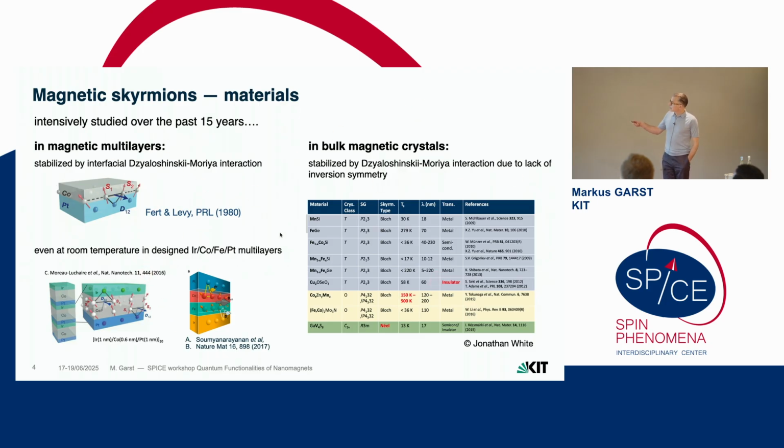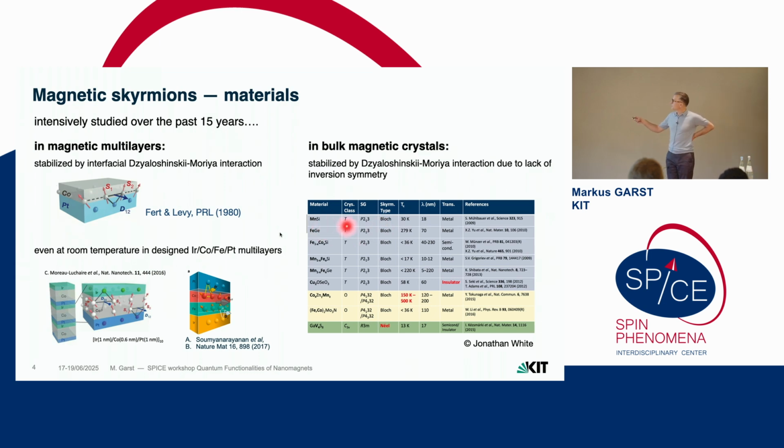Magnetic multilayers are one platform, but there are also bulk magnetic crystals where skyrmions have been found, and this is a list that I took from a presentation of Jonathan White. Here you see various materials that have a point group that lacks inversion, some of them at least.